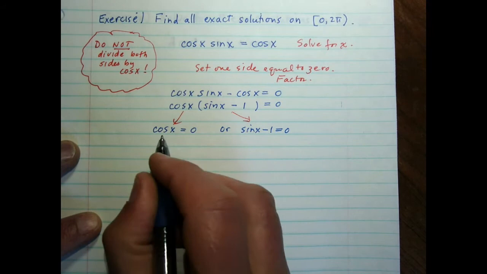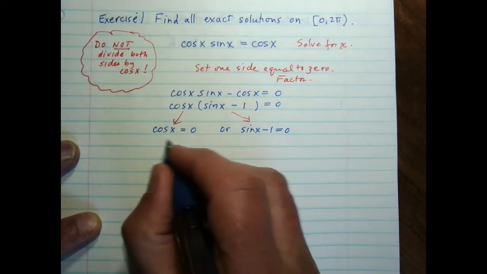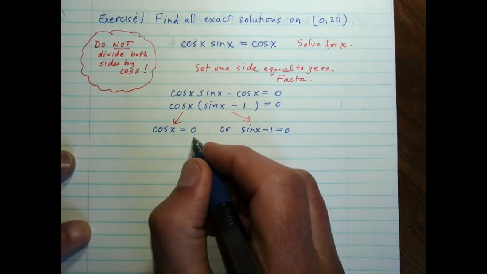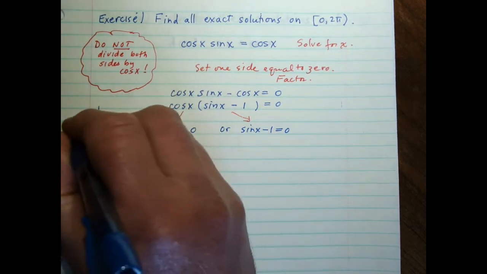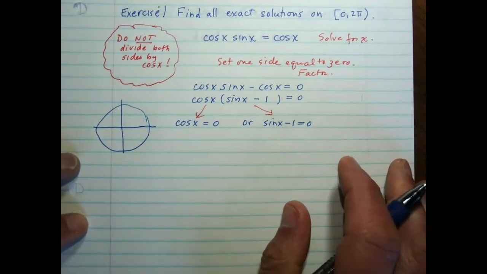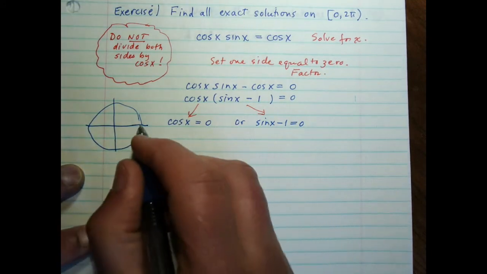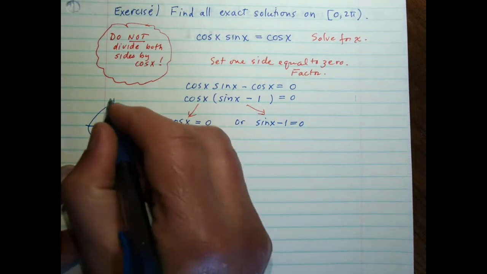Now this little equation, cosine x equals 0, I can solve because I'm looking between 0 and 2 pi for angles where cosine is 0. Cosine of 0, remember, is 1.